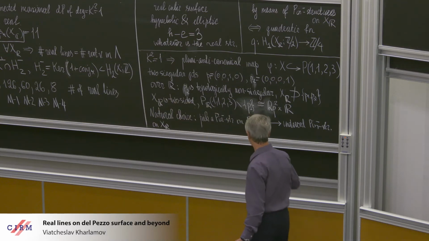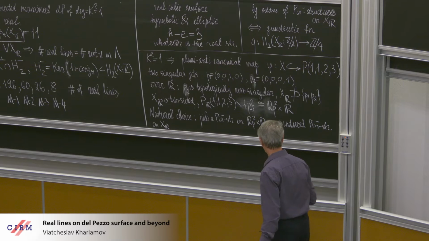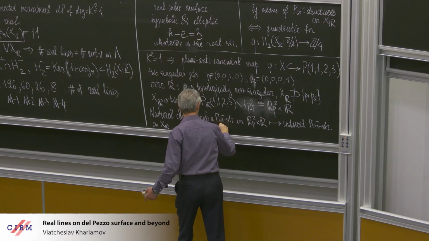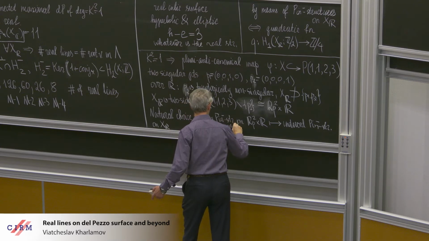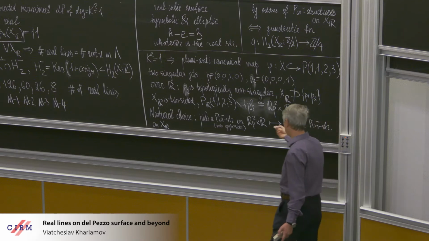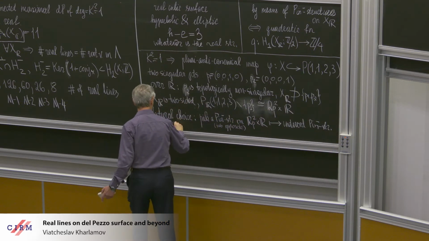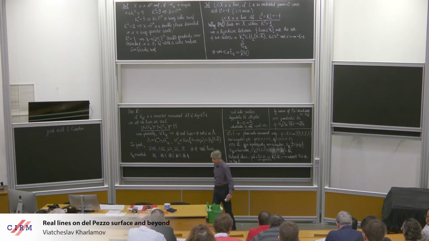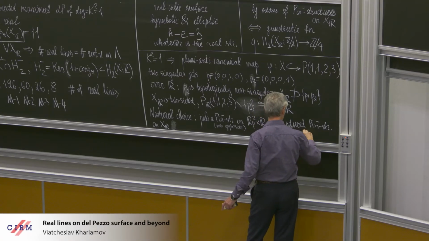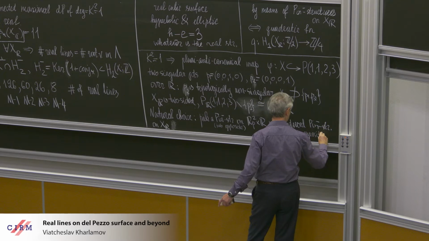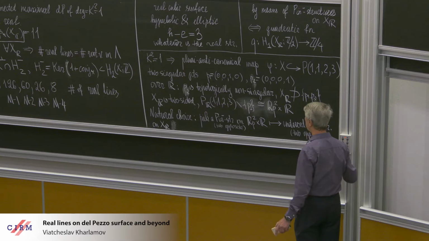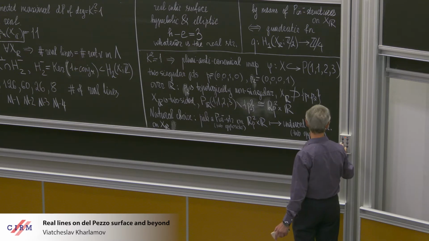So let me underline that in fact here you have two opposite pin-minus structures, and they induce also two opposite pin-minus structures on the real locus of the surface.